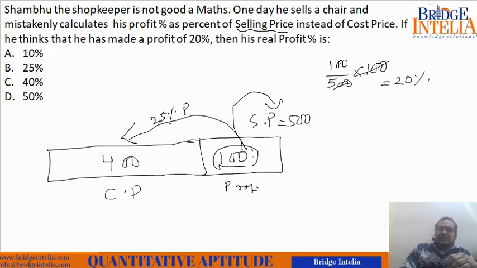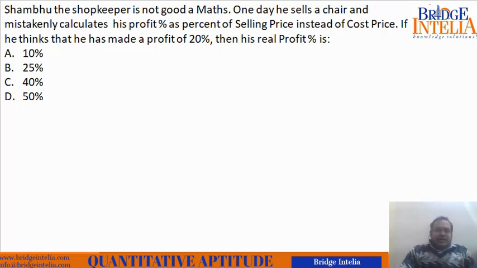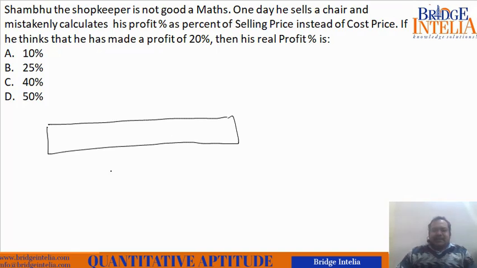So let's try to see how to solve such questions. So let's see how you can solve this. Since this guy is doing his calculation based on selling price, let us assume the selling price to be equal to 100x. He thinks he has made a profit of 20%. So 20% of what? He is basing his calculation on selling price.